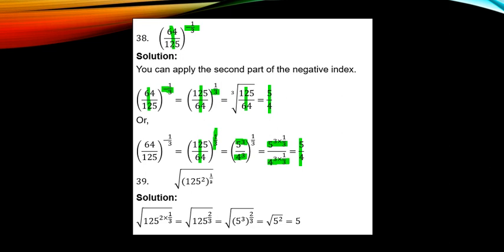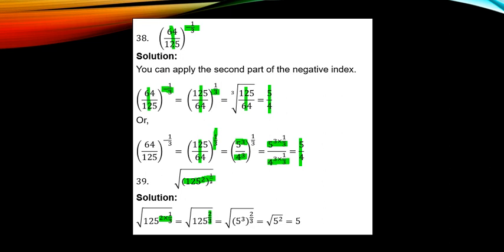Example 39. You have, bracket open, 125 square, bracket close, to the power of 1 over 3. Let's apply the power law first, where the two powers, 2 and 1 over 3, multiply themselves in this form, and you have 2 over 3.